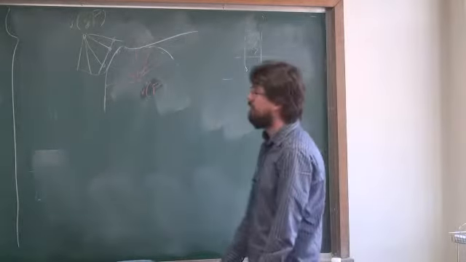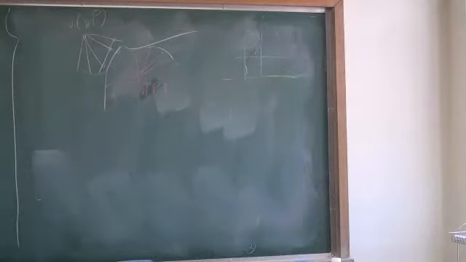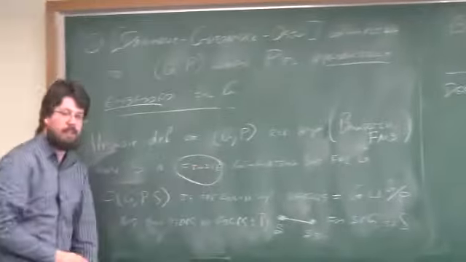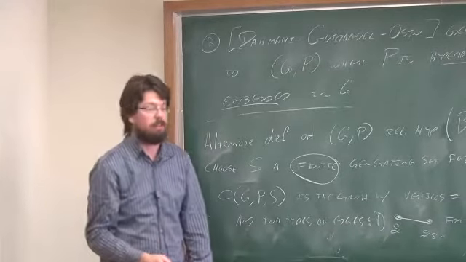Okay. So what does it mean for P to be hyperbolically embedded? It's the same condition, but you drop the condition that S is finite. You're allowed to choose S to be an infinite generating set.